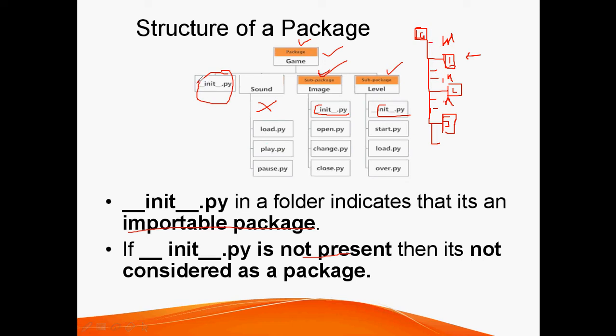That means here, if you draw another branch, without having a sub package, you can have a py file, not like an init file, some Python program. This will become your module which contains some functions in it.